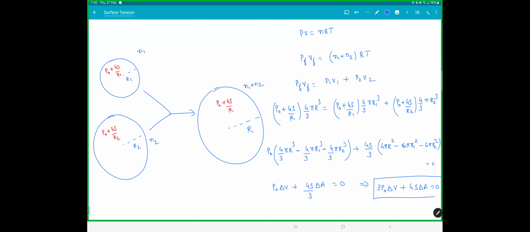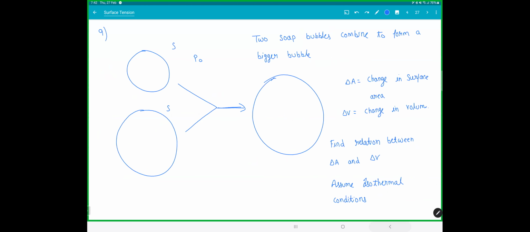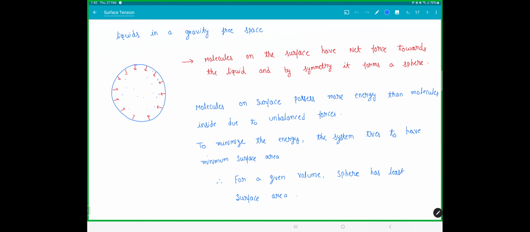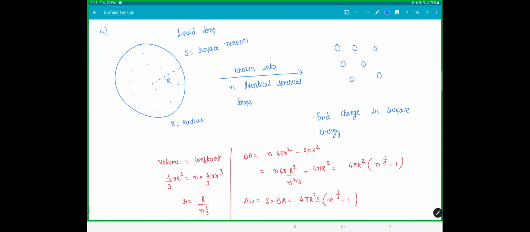Thermodynamics and surface tension. The biggest hint, if you ask me, was the words assume isothermal conditions. The moment you hear isothermal conditions, you know PV is constant. That should give an idea that you have to use the ideal gas equation. And when you think about a gas, remember for liquids and solids, in the liquid drop question, when the liquid drop was breaking, volume remains constant because it's a liquid.